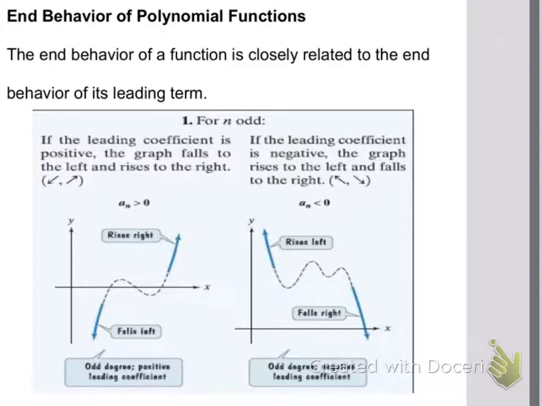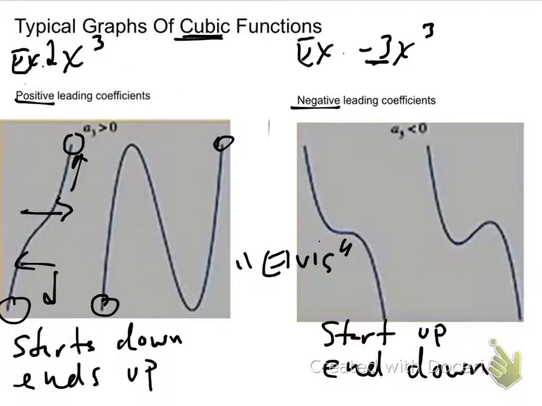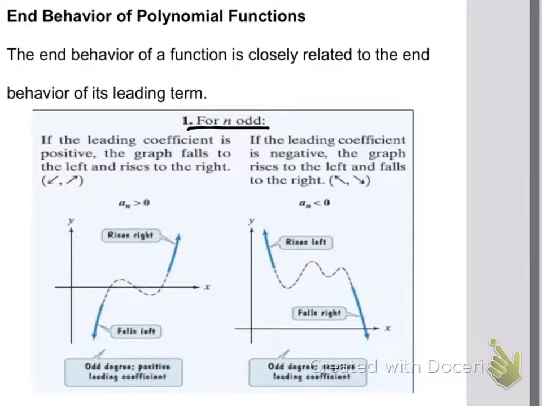So what you will notice is that the end behavior of a function is closely related to the end behavior of its leading term. Okay, so for any odd degree polynomial function, this same pattern happens. So a cubic polynomial is an odd polynomial, and so for any odd, so this could be x to the 7th, x to the 9th, any type of odd polynomial function, the end behavior is going to be the same.